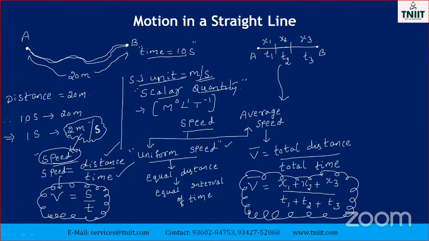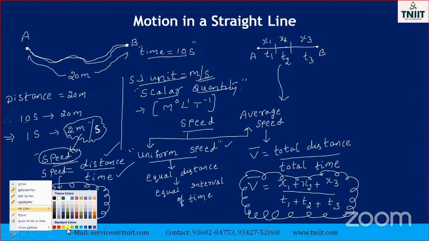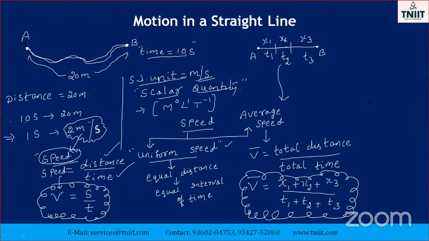Average speed is nothing but the total distance divided by the total time. Now, let us consider two different cases here.